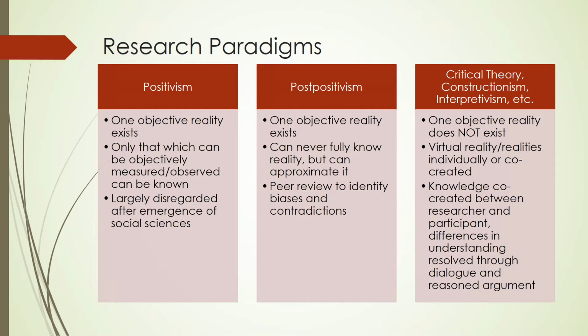So initially, when medical research was primarily focused on the quantitative side, in the 50s era, the idea of positivism was the main paradigm. And this was that there's one objective reality that exists, and only that which we can objectively measure or observe can be known.